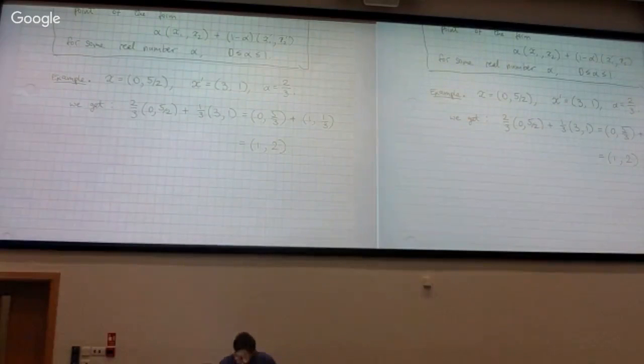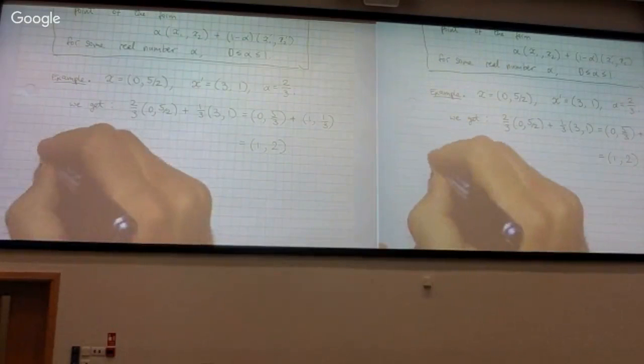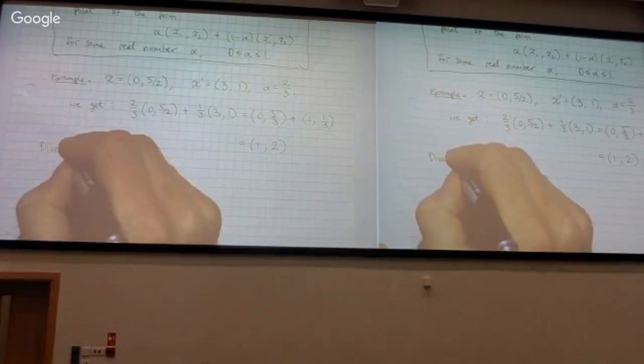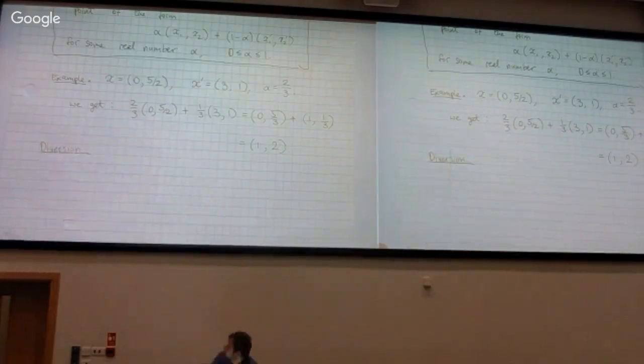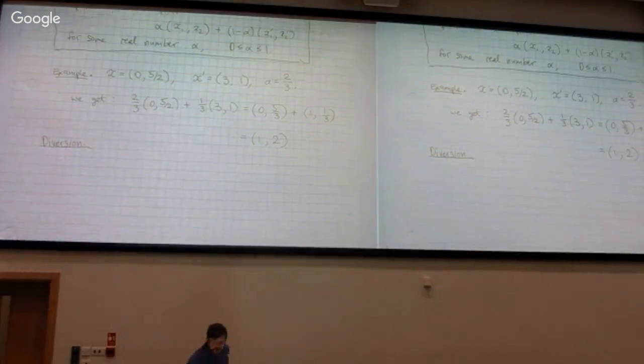Convex polygon. Is that a thing? What does that mean, actually?